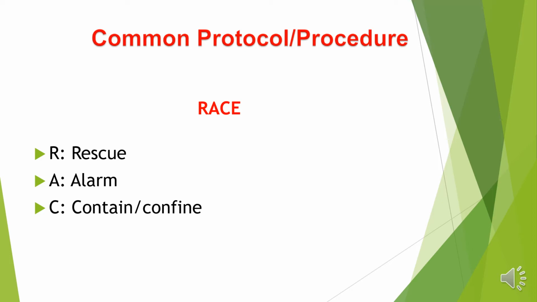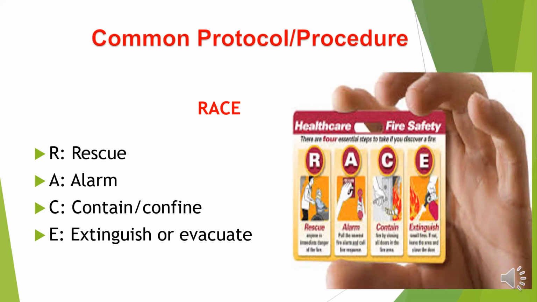If the fire is in one room or one department, we have to close the doors after evacuation and put a wet towel or curtain under the door so the smoke will never come out to us. So now we contain or confine it in places or rooms. Then at last we have to extinguish or evacuate the people and use the fire extinguishers. So RACE: R for rescue, A for alarm, C for contain or confine, E for extinguish or evacuate.